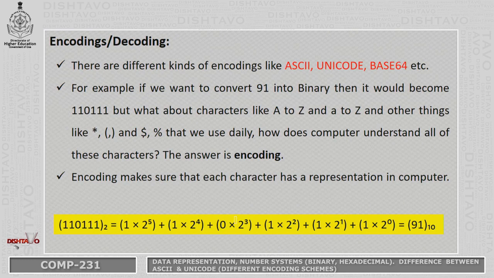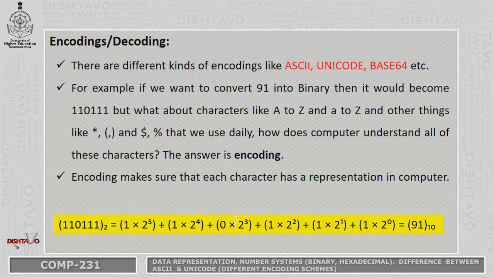Next part is encoding and decoding. So there are different kinds of encodings like ASCII, Unicode, base 64, these examples. For example, if we want to convert 91 number into binary, then it would become 110111.